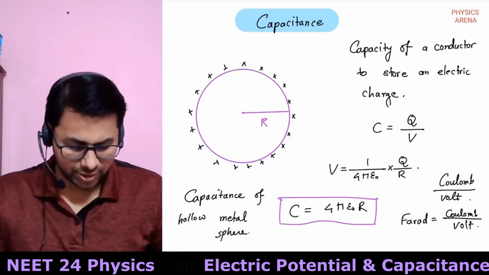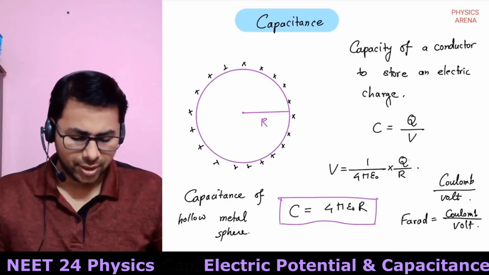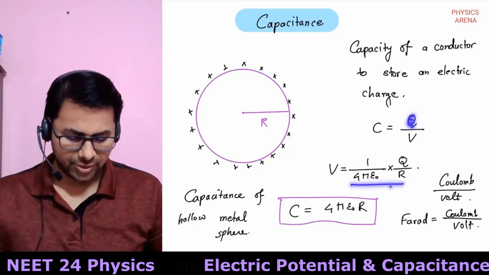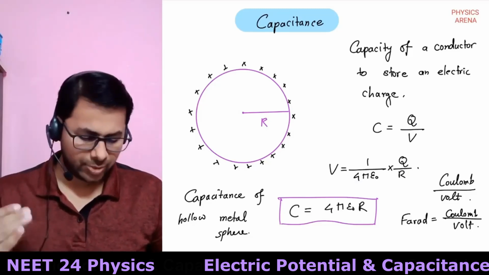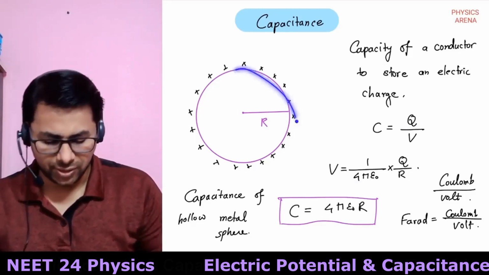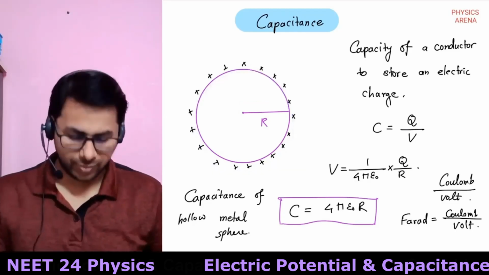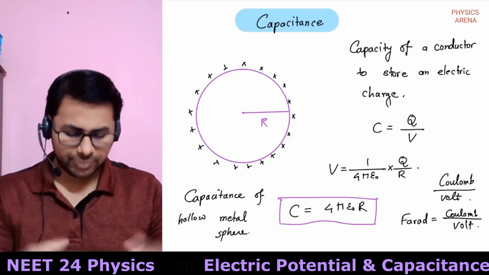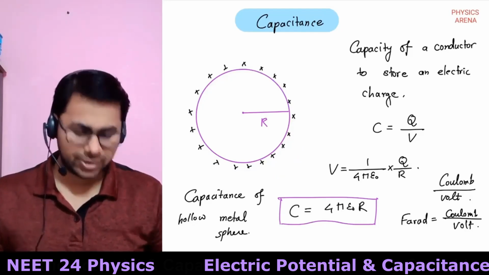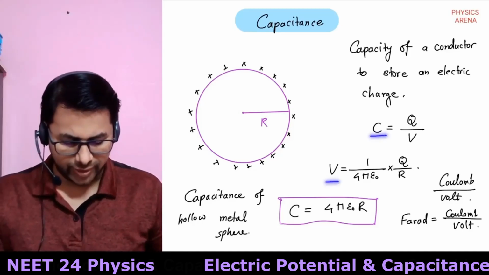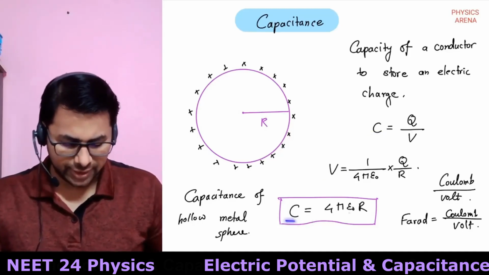We know the potential is 1 upon 4 pi epsilon naught Q upon R. Suppose there is charge Q, then the potential on the surface of the sphere is 1 upon 4 pi epsilon naught Q upon R, and with respect to infinity the potential difference is the same. You divide Q by V, and you will get C equal to what?